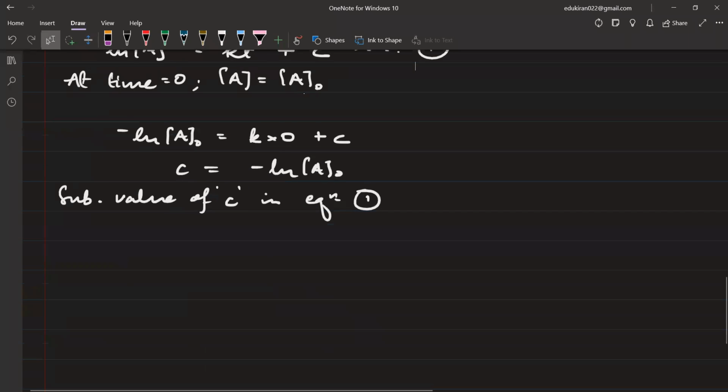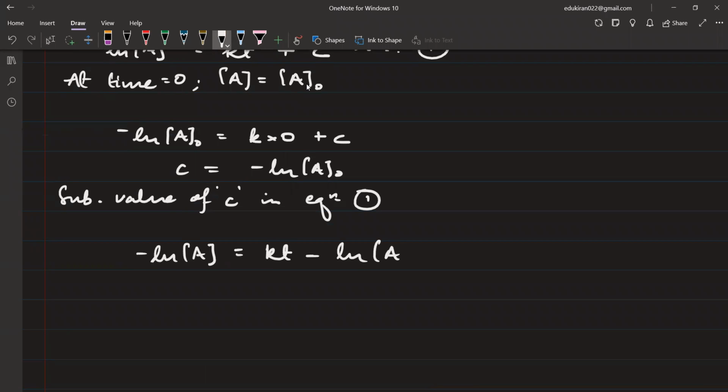When I substitute this value, I will get minus ln A is equal to KT minus ln A naught. Minus ln A naught will go to the other side. You will get ln A naught minus ln A is equal to KT.